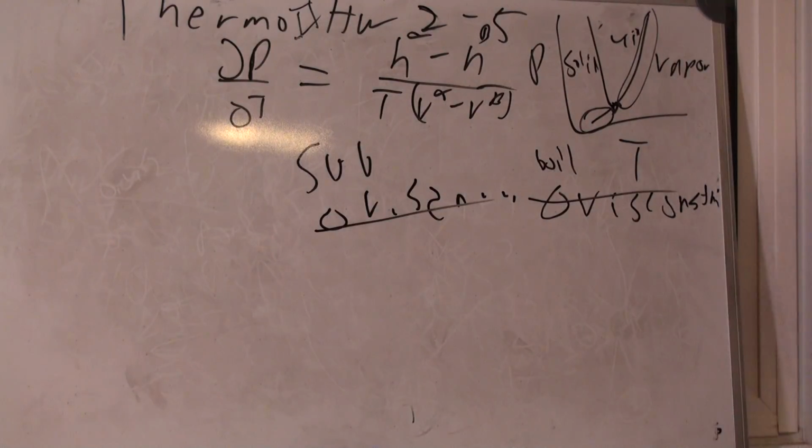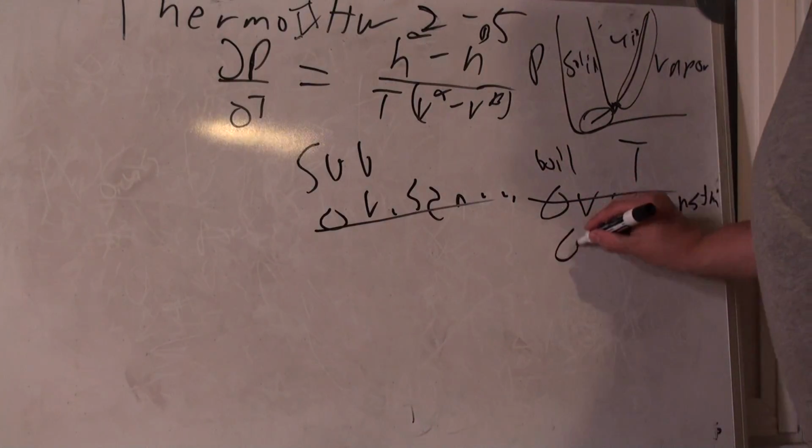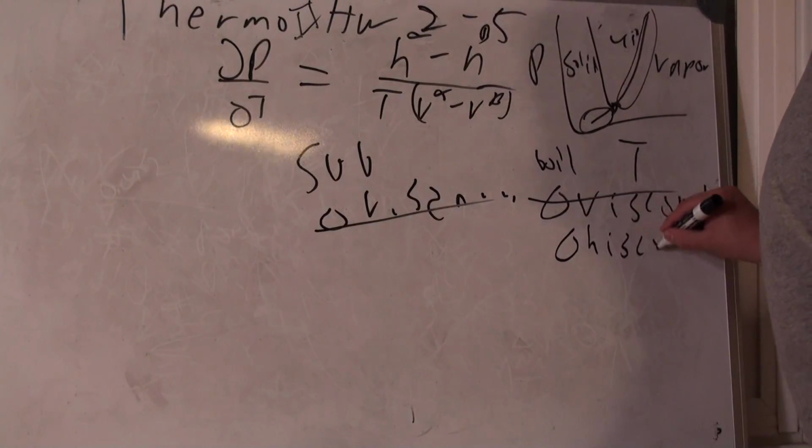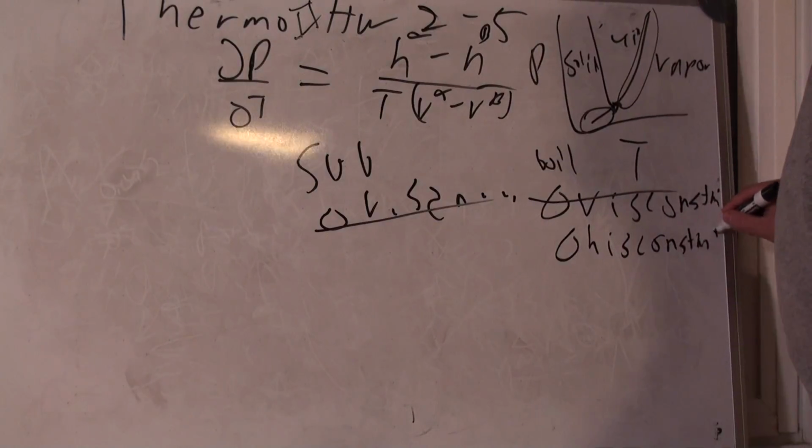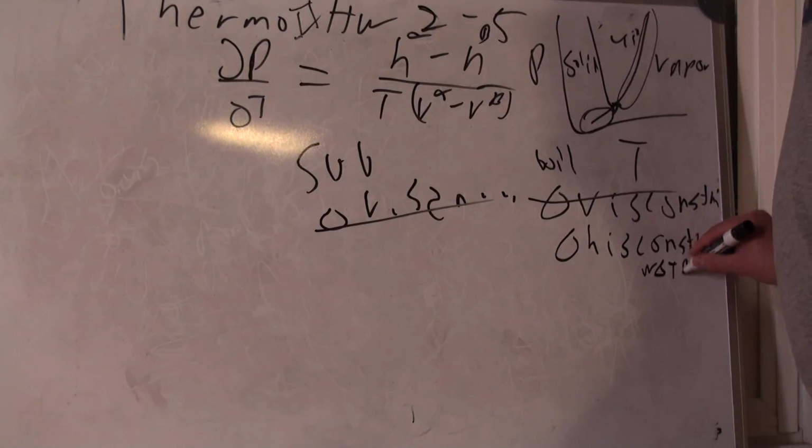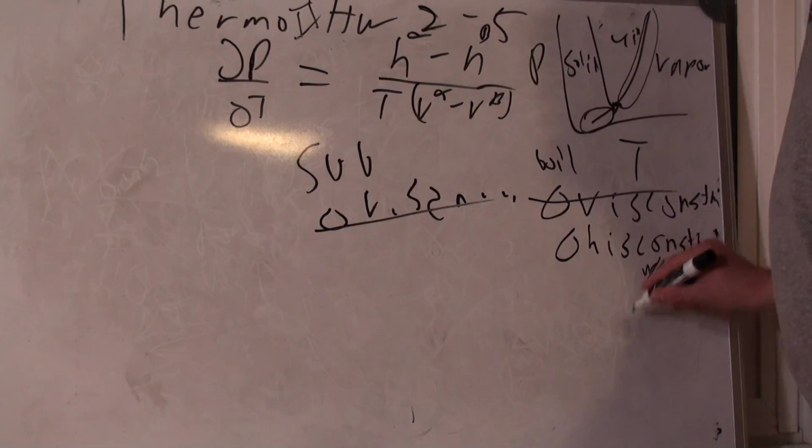That one's also not valid because I'm going from a solid to a vapor. If I have a vapor, that cannot be valid. So that's a no-go. Another assumption is that delta H is constant with delta T and delta P.